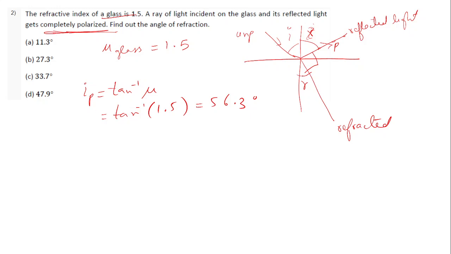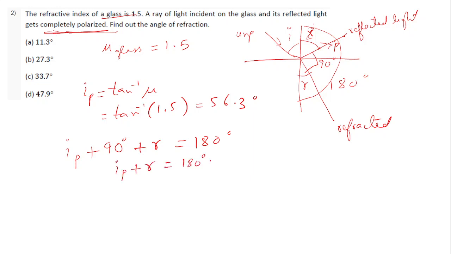Now we need to find out R. Here again you see this whole thing is 180 degrees. I told you this becomes polarized when the angle between refracted light and reflected light is 90 degrees. So this is 90 degrees plus the refraction angle. This whole thing is 180 degrees. So IP plus R is 180 degrees minus 90 degrees, which is 90 degrees.